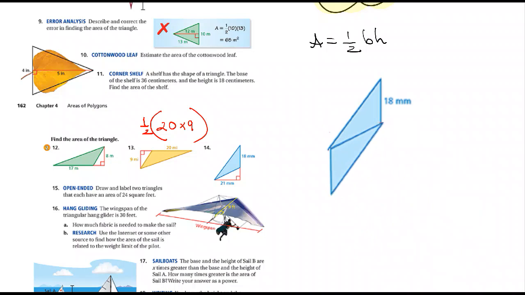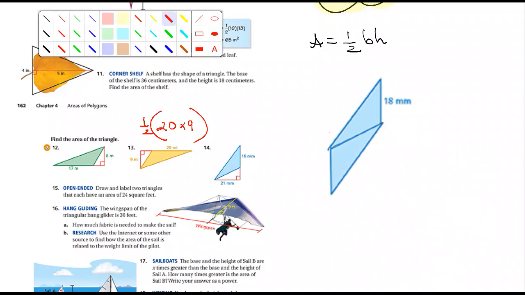Now look, what do I have there? Look at that shape. It's a parallelogram. Look, here's one side, and another, and another, and another. And remember, the formula for a triangle is 1/2 times the base times the height.